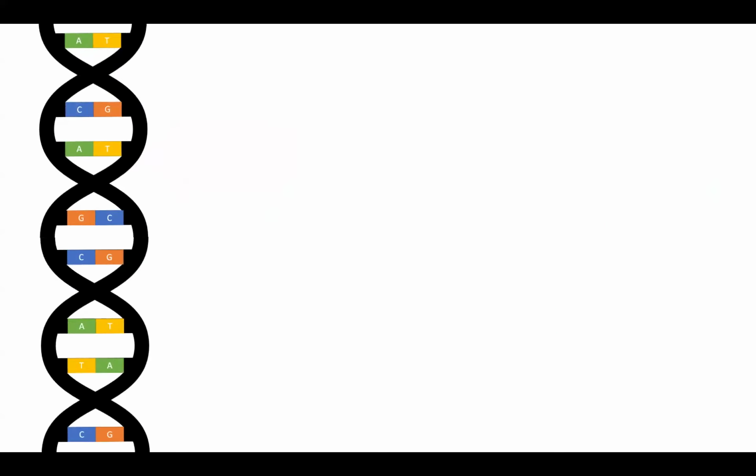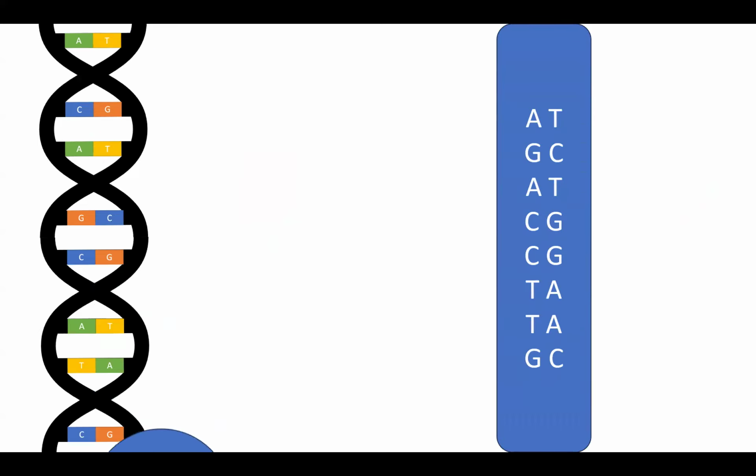So how do we read this instruction manual? That's where sequencing comes in. Sequencing is the process of determining the exact order of these letters in a DNA molecule. Thanks to advances in technology, we can now sequence entire genomes quickly and affordably. This allows us to identify genetic variation that might be linked to a specific trait.